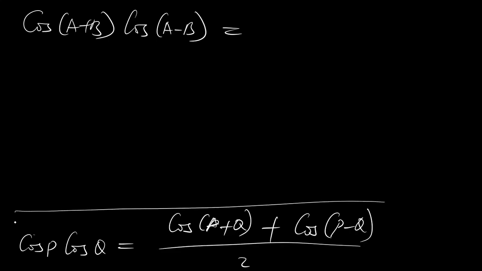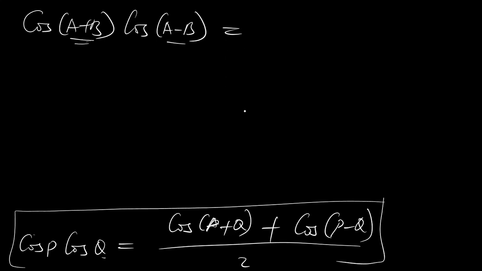So this is what we're using. Now for cos(a + b) cos(a - b), we have chosen this to be our p, and this is q.